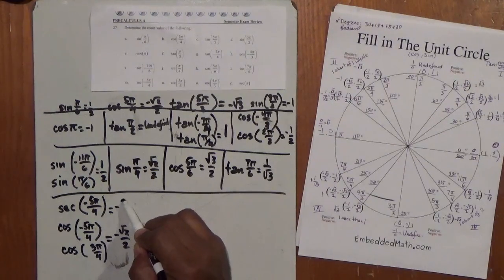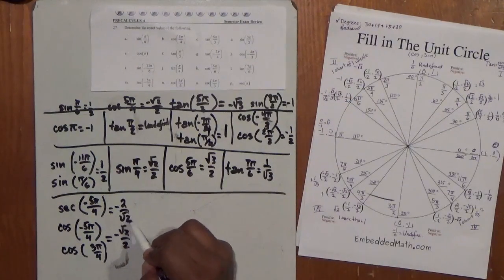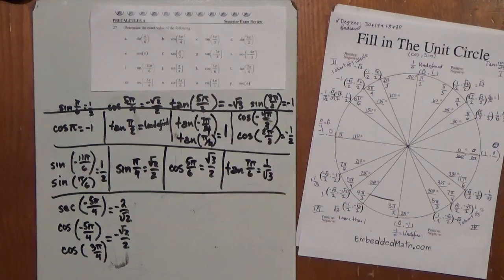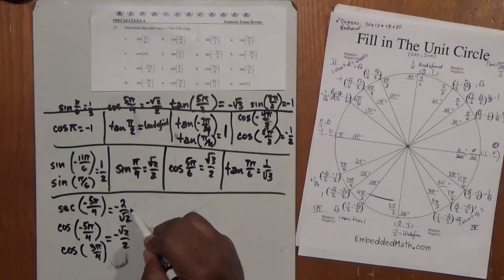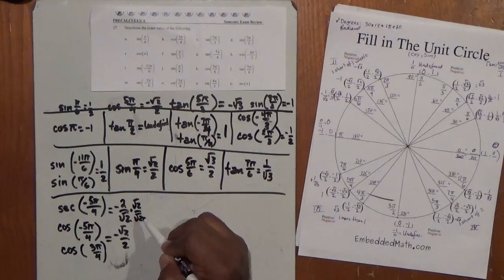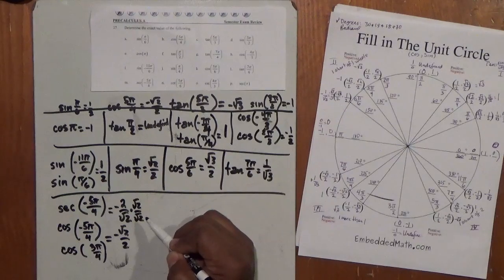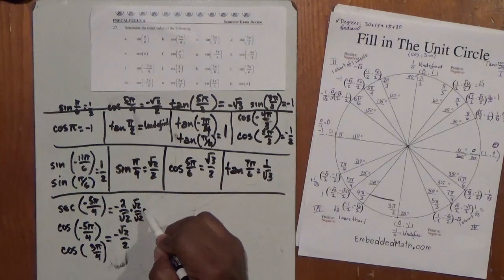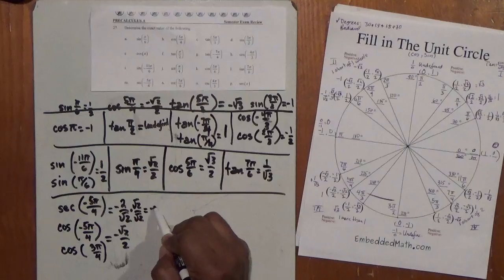So this is -2 over √2, and I don't think you have to rationalize that. If you do have to rationalize, we multiply by √2 over √2, and this is just -√2.